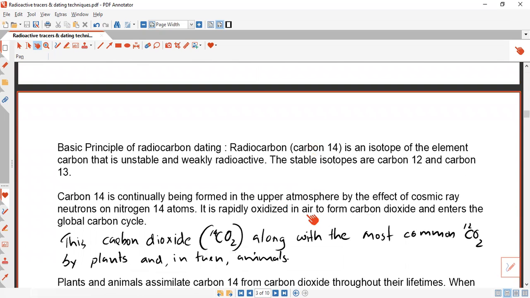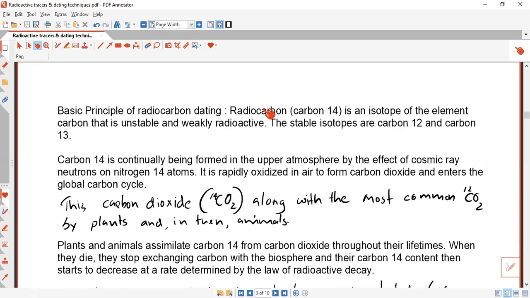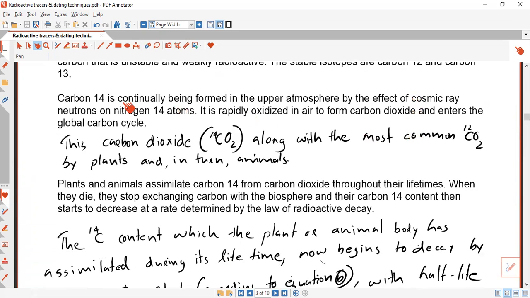What is the basic principle of radiocarbon dating? Carbon-14 is an isotope of carbon that is unstable and weakly radioactive. The stable isotopes of carbon are carbon-12 and carbon-13. Carbon-14 is continuously being formed in the atmosphere by the effect of cosmic ray neutrons on nitrogen-14, as we already saw in the above equation.